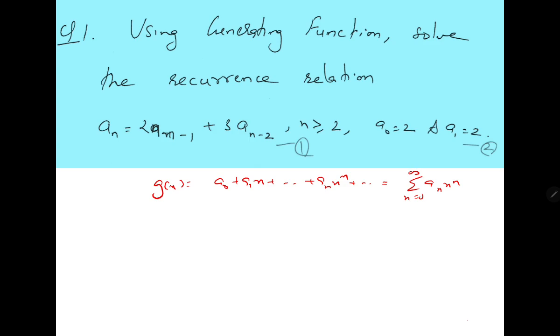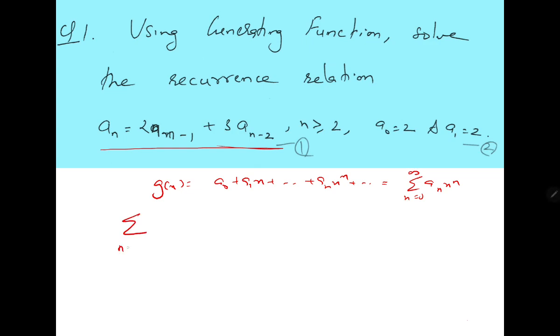So if I have to use the generating function to solve the recurrence relation, and you can see there are terms like a_(n-1), I must try to write the recurrence relation in terms of g(x). To do so, I must multiply the recurrence relation by x^n and take the summation.